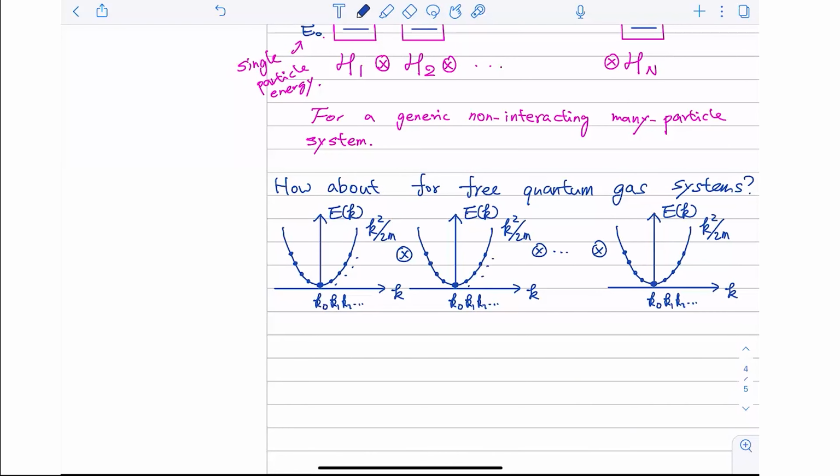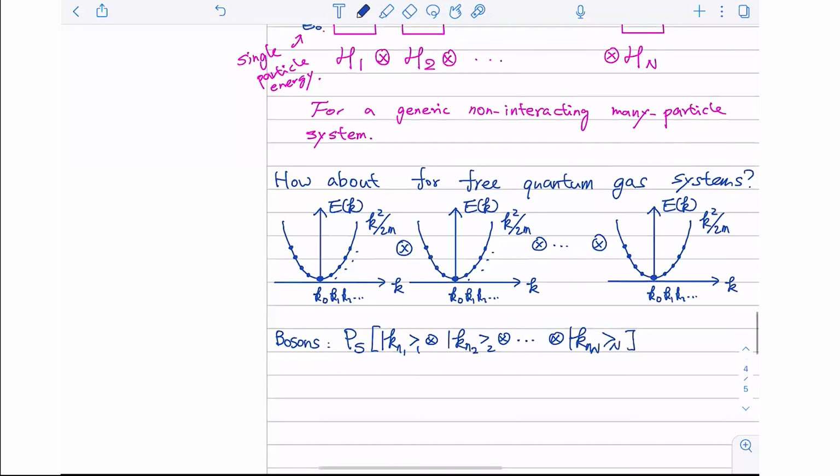What I mean by that is, for bosons, we should symmetrize the ket representation of the first particle, second particle, all the way to the nth particle.